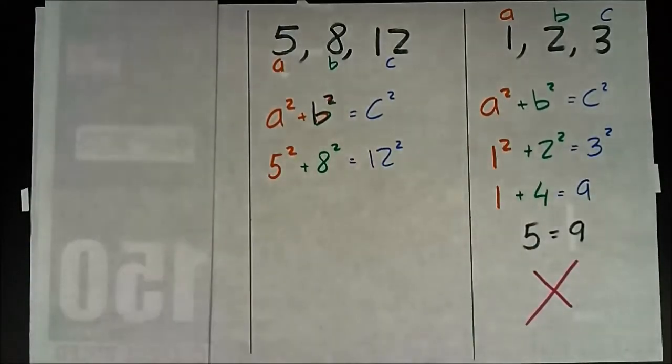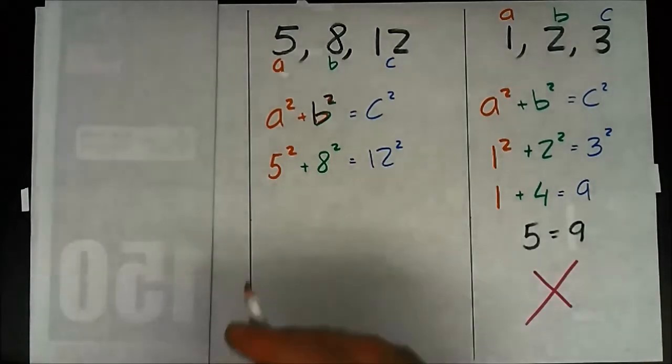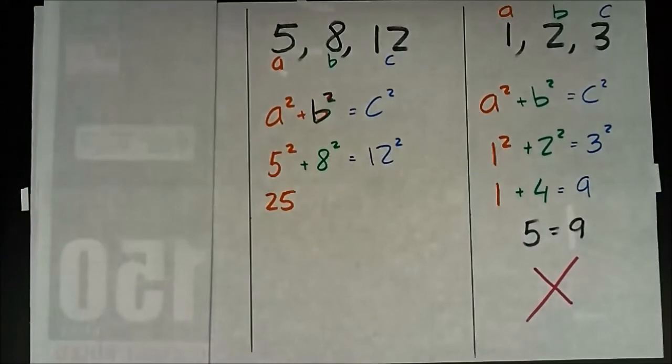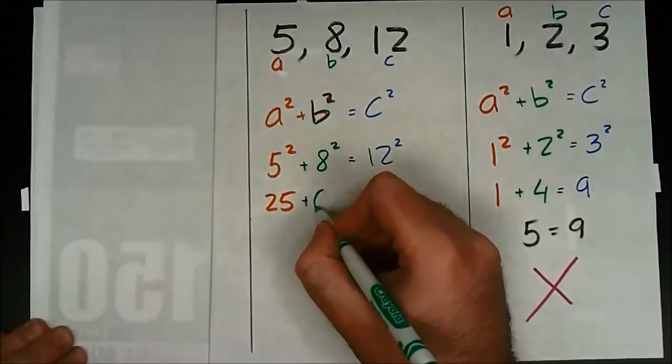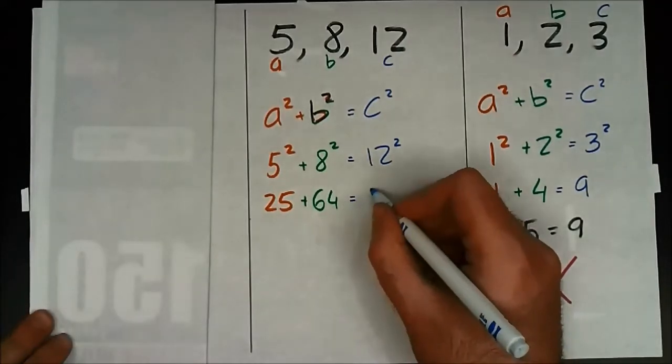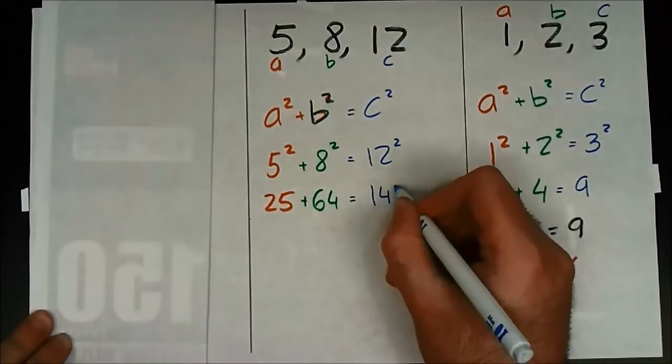What's 5 times 5, or 5 squared? 25. What's 8 times 8, or 8 squared, or 8 to the second power? 64. And what's 12 squared, or 12 times 12, or 12 to the second power? 144.